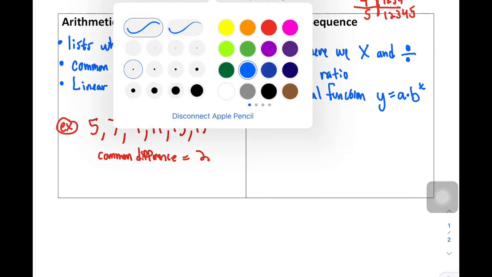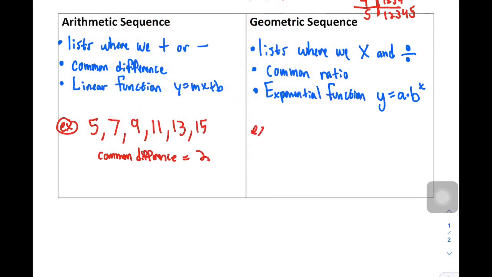All right, so let's do an example of a geometric sequence. So geometric sequence, and I'm going to give you my first term as a number 1. And then let's say that I'm going to be multiplying by 3 to get each term after. So if my first term is 1, my second term, I'm going to multiply this one by 3. So 1 times 3 is 3. Okay, to figure out what my third term is going to be, I'll multiply the number right before it by 3. So 3 times 3 is 9.